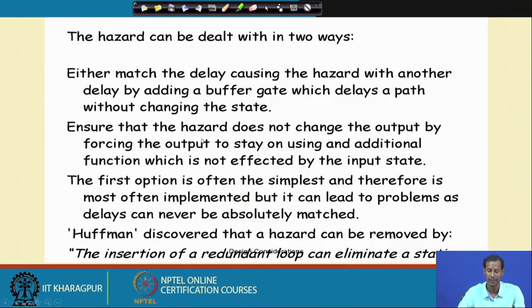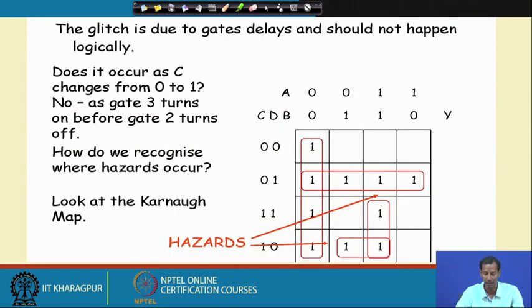Another thing is that, as I said, you put some redundant logic. Redundant logic means, suppose for the corresponding logic, you put the expression of y into a Karnaugh map.